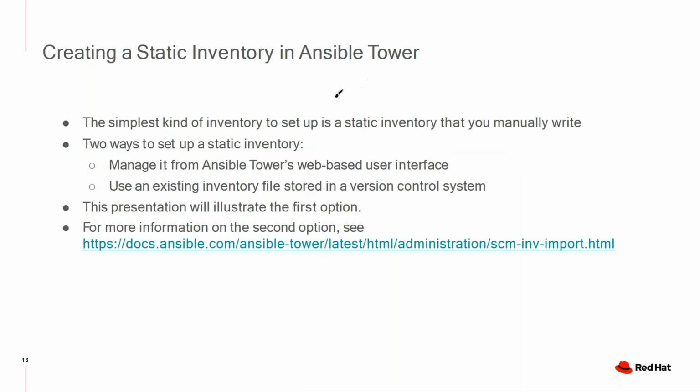Creating a static inventory in Ansible Tower. The simplest kind of inventory to set up is a static inventory that you manually write. There are two ways to set up a static inventory. First, manage it from the Ansible Tower web-based user interface. The second way is to use an existing inventory file stored in a version control system.